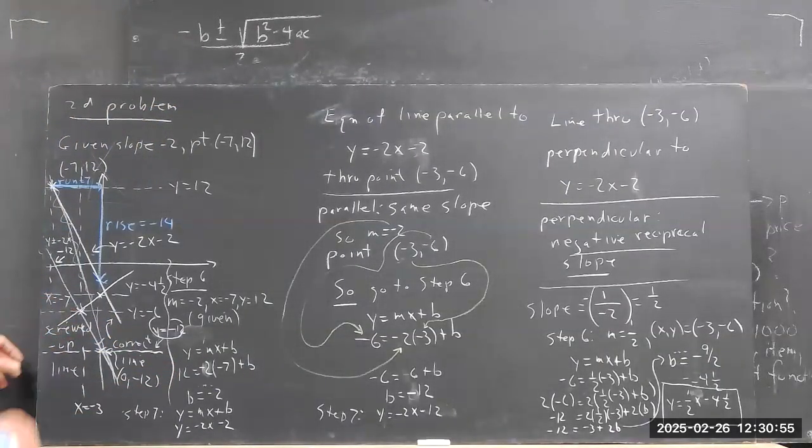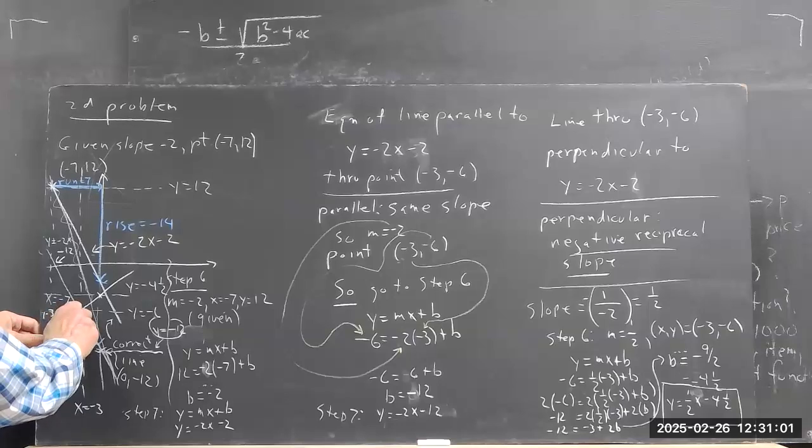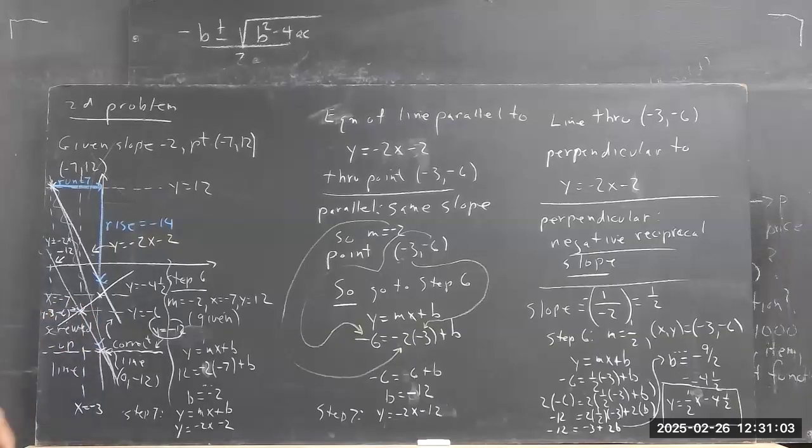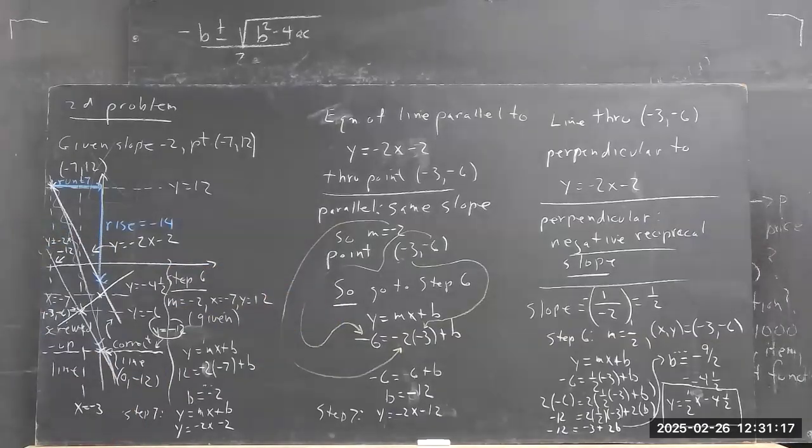Well, again, here's our point, -3, -6. It's implicitly done because I've got a vertical line labeled and a horizontal line, so we know it's -3, -6. Okay, well, the y-intercept of that line is at -4.5.